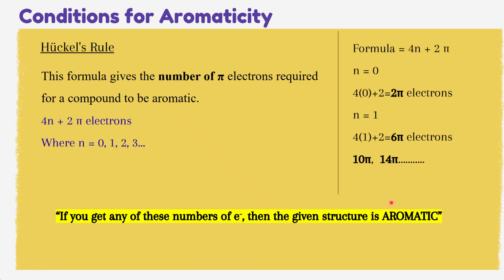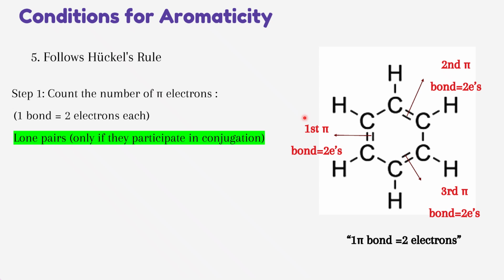Now let us understand this rule in depth by applying it to the example that we were solving in the previous slide. So here I have this benzene structure, and in order to apply Hückel's rule, first we have to determine how many pi electrons are there in this benzene ring. For that, let us first check how many pi bonds are there. Here I can see one pi bond, second and third.